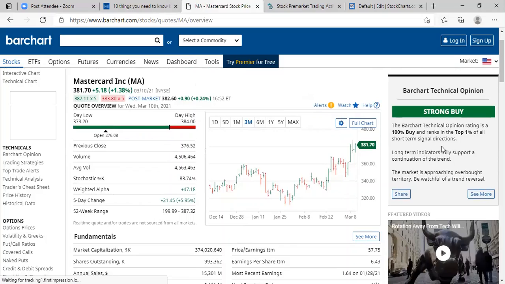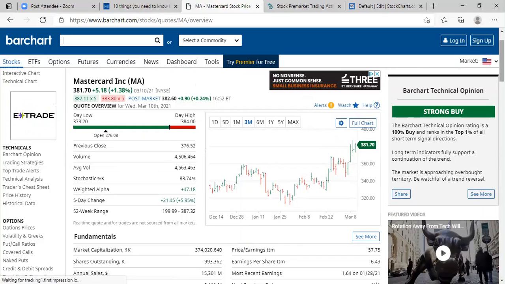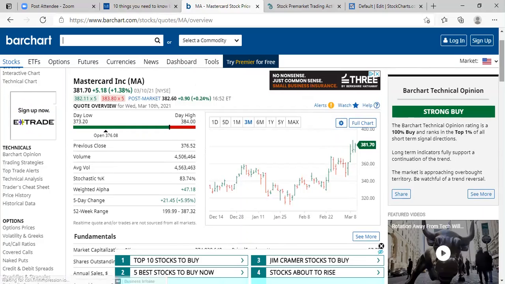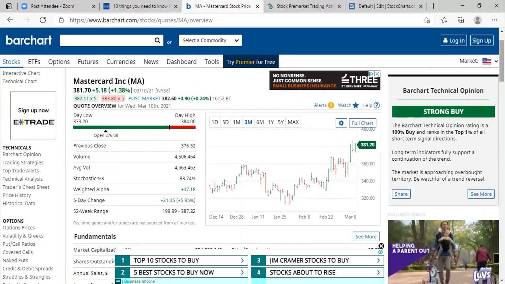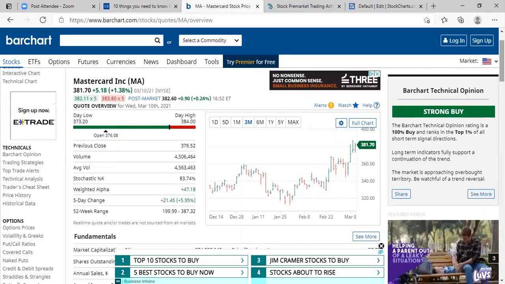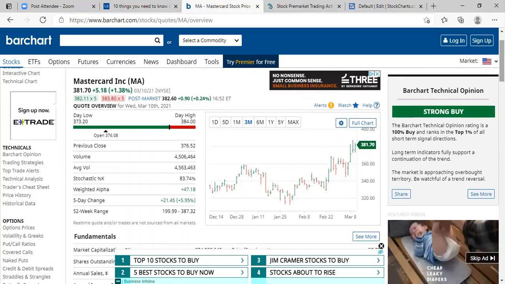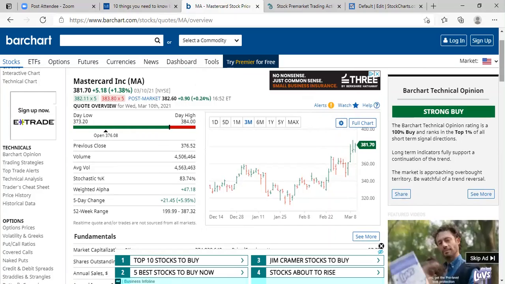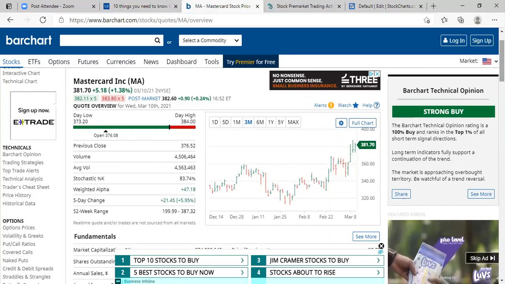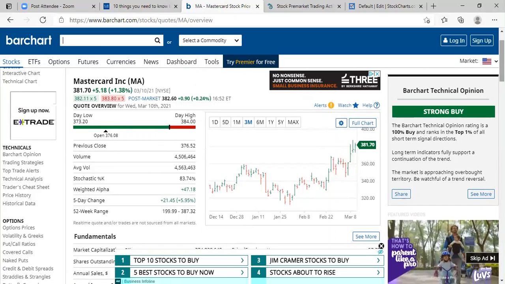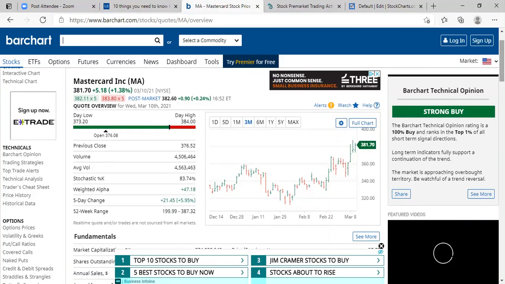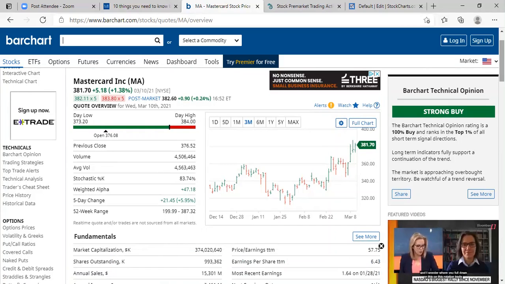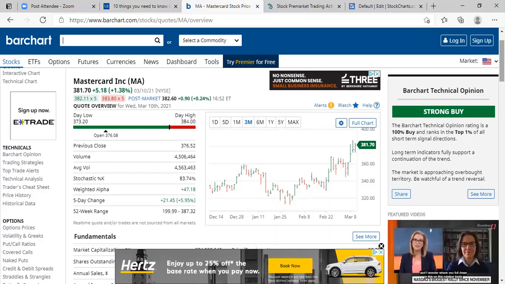Right now, this stock has 100% buy, so there's a lot of bullish belief behind it, at least from bar chart's opinion, and that opinion is based on some different technical factors and research from different groups of people that they're in cahoots with, and you can research that on your own. If you feel confident in bar chart, I would suggest using them. I use them. I trust their opinion on a lot of these stocks.